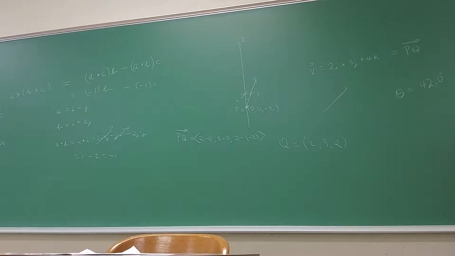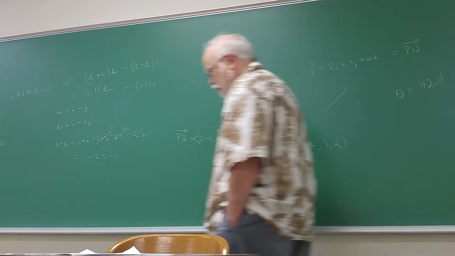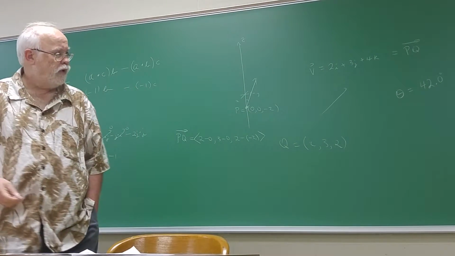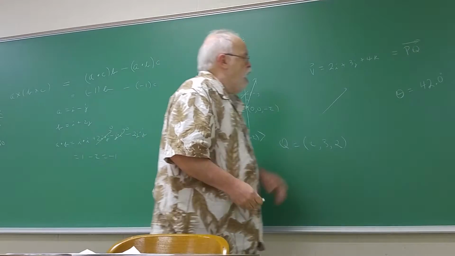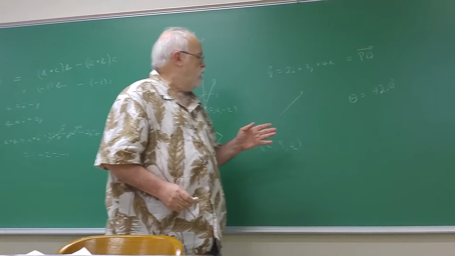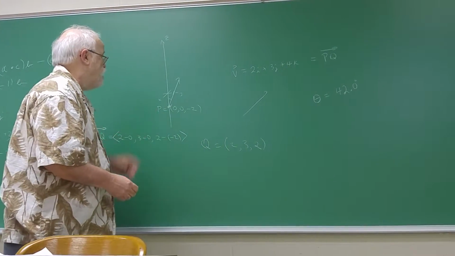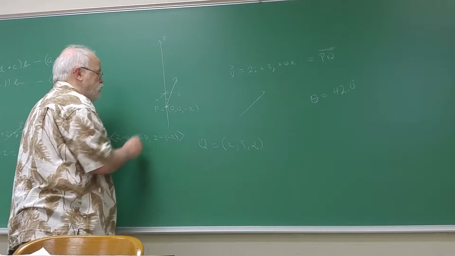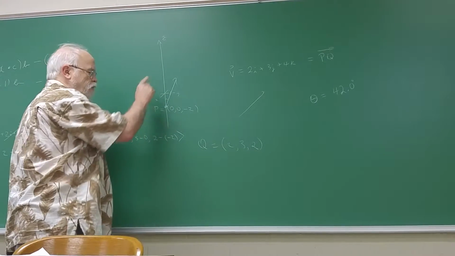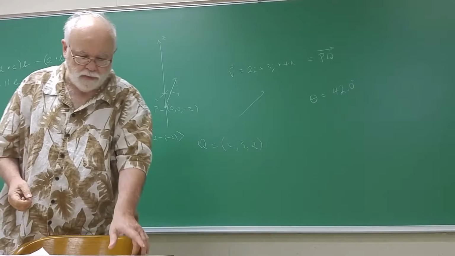Because 57 degrees is about 1 radian, so 42 degrees must be about 2/3 of a radian or something like that. So anyway, I'd use k. That's your vector most closely associated with z.